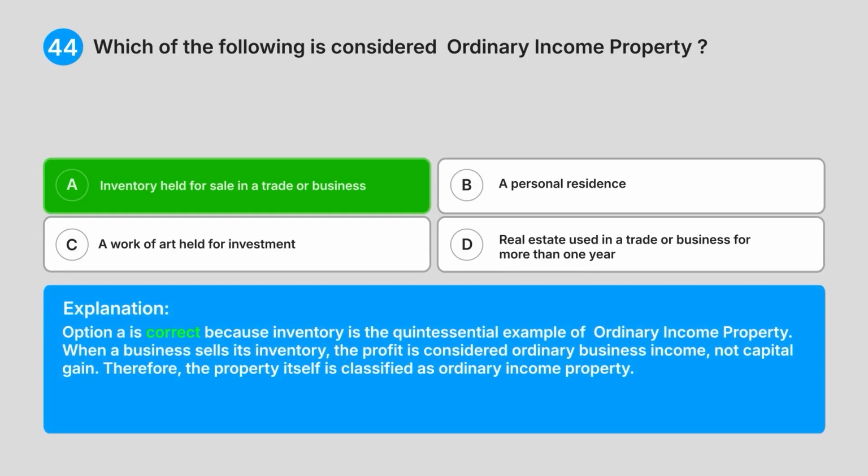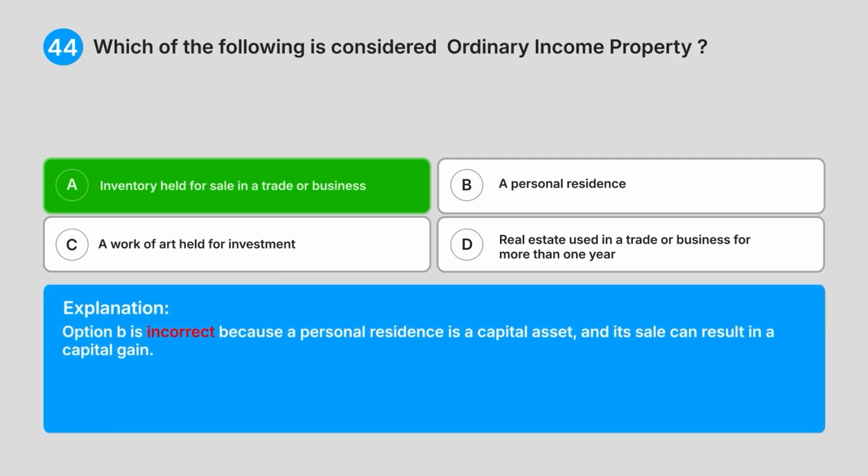Explanation. Option A is correct because inventory is the quintessential example of ordinary income property. When a business sells its inventory, the profit is considered ordinary business income, not capital gain. Therefore, the property itself is classified as ordinary income property.